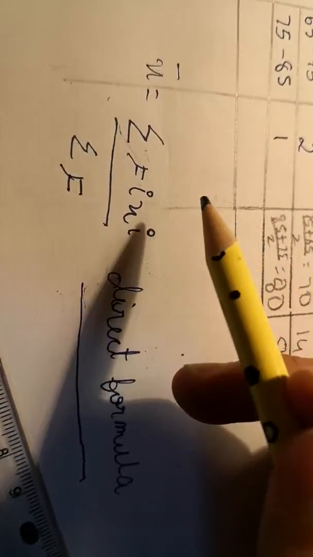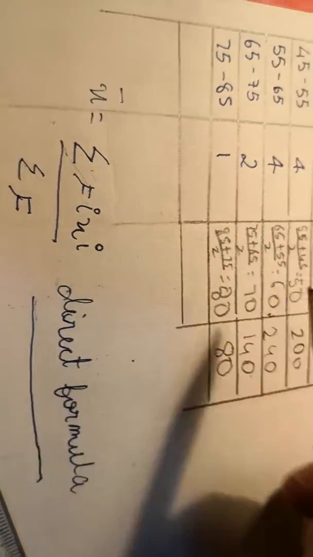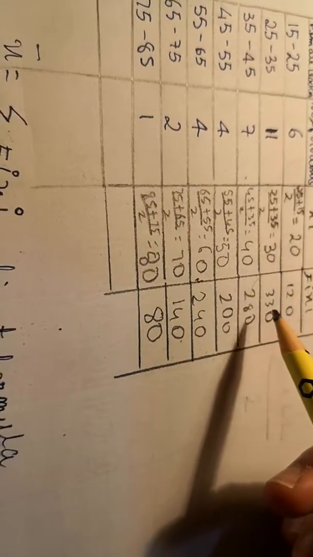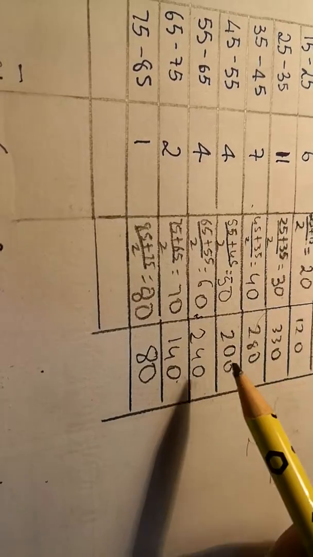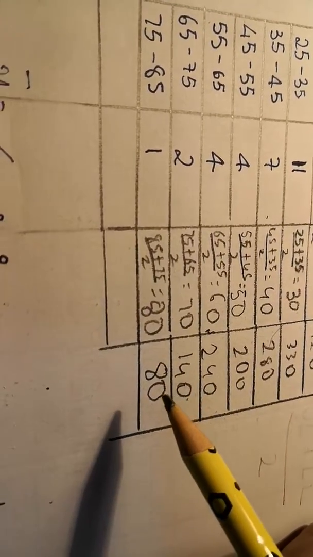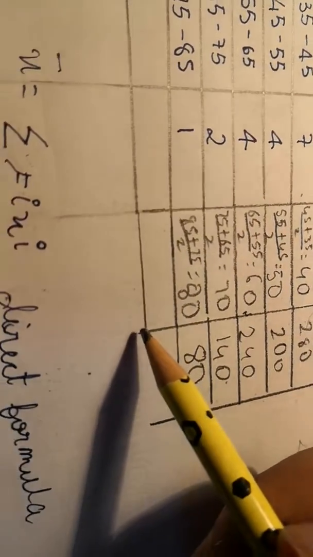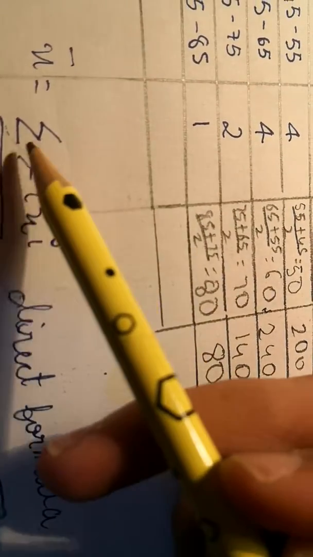Since it is given sigma fi xi, here is the fi xi. We should add all of this: 120 plus 330 plus 280 plus 200, 240, 140, 80, everything we should add here, because sigma means sum of.